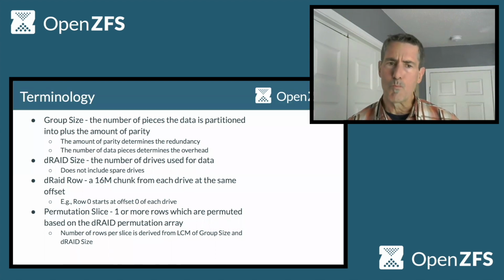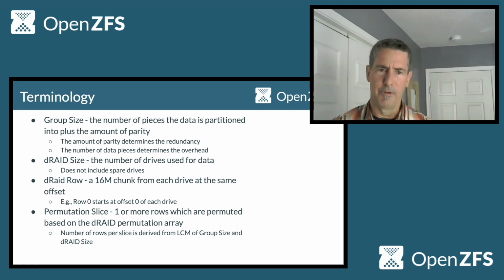So when I talk about dRAID size, I'm talking just about the data drives or the data drive capacity. A dRAID row is a 16 megabyte chunk of space allocated at the same offset across all the drives in the dRAID configuration.